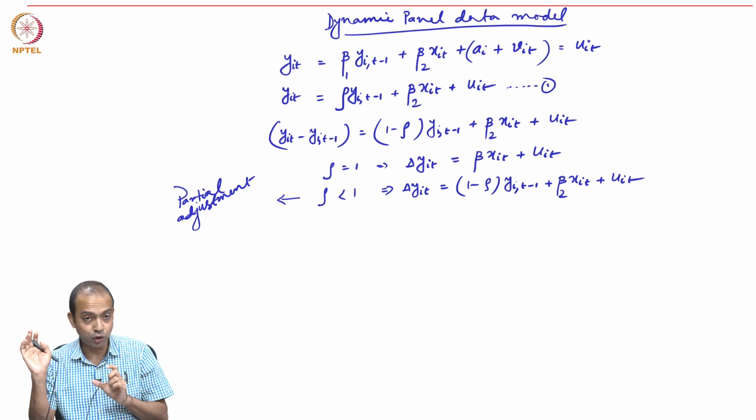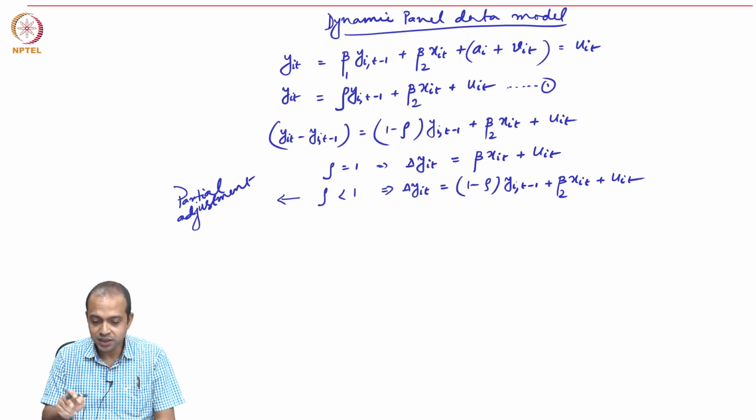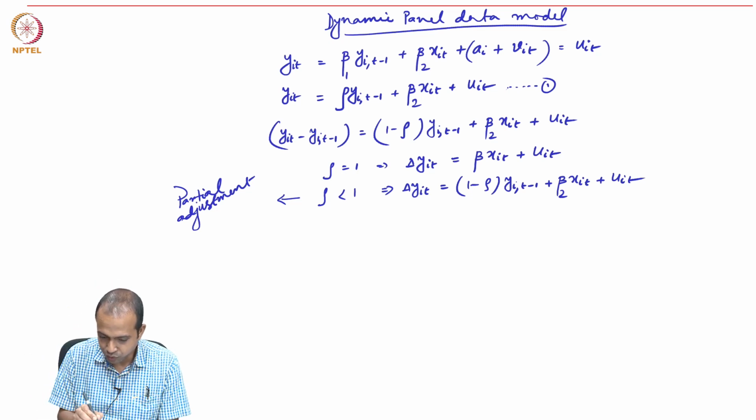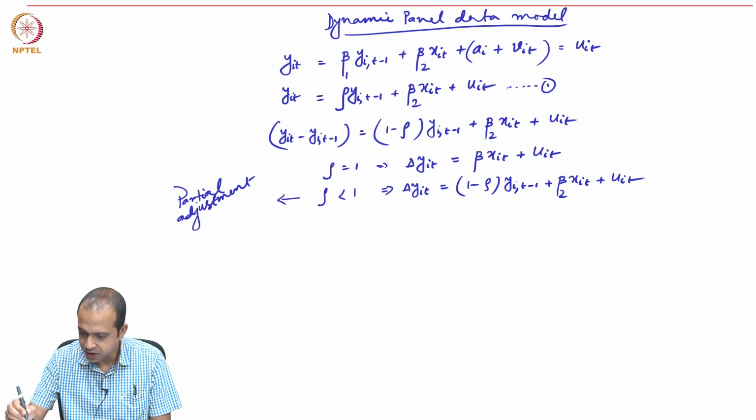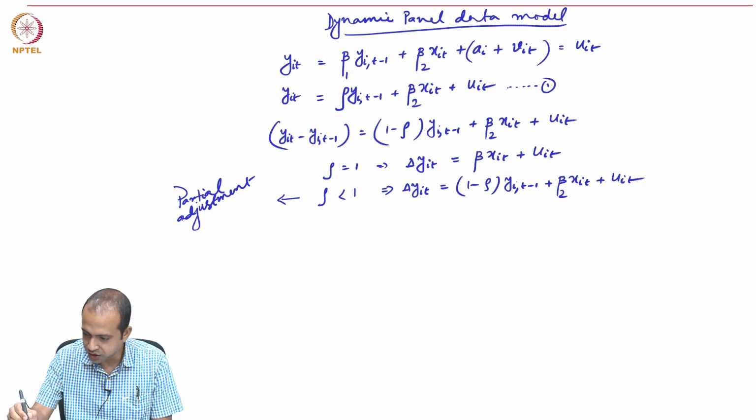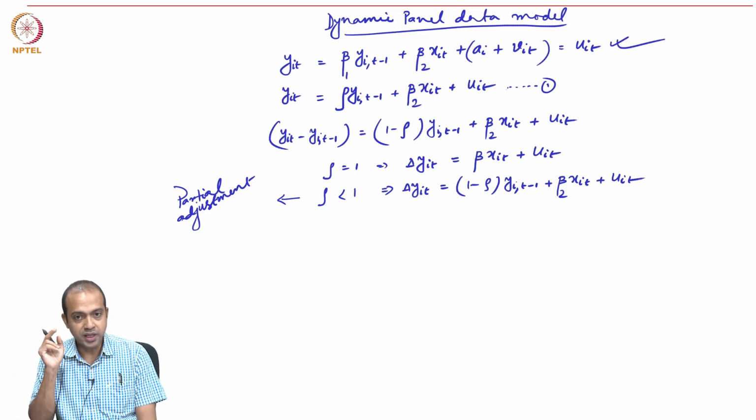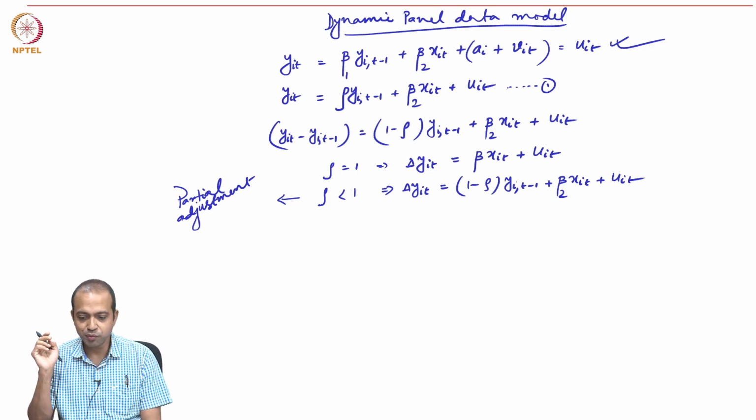And then we have also discussed briefly in a model like y_it equals to, when your model is this, there are two sources of persistence over a period of time.